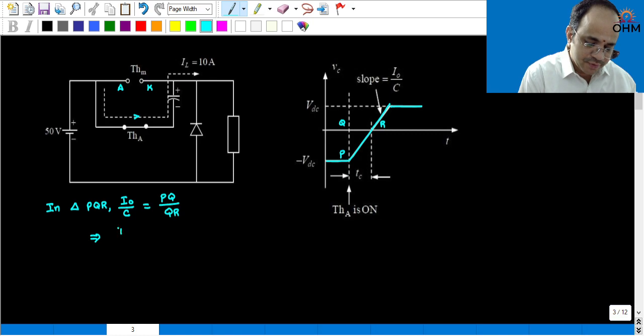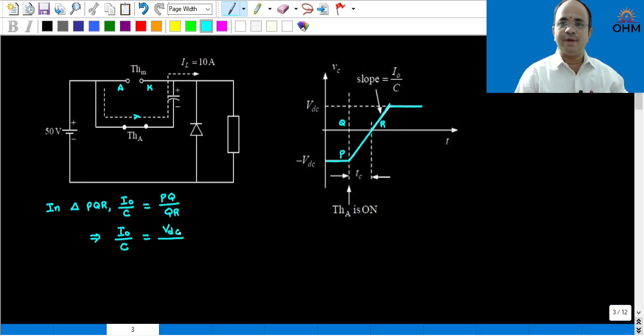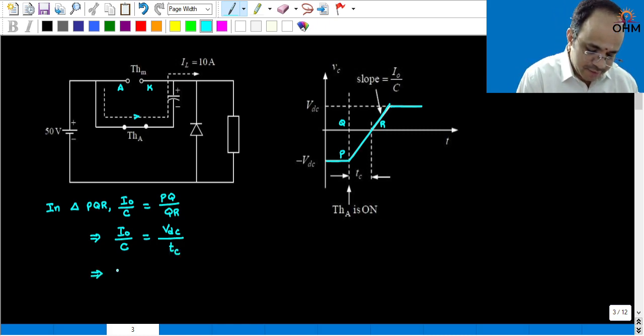So in this, I naught divided by C is equal to PQ, which is the source voltage. Ignore that minus symbol; we need to focus on the magnitude part, divided by the circuit turn off time TC. Therefore, TC can be expressed as C multiplied by VDC divided by I naught.